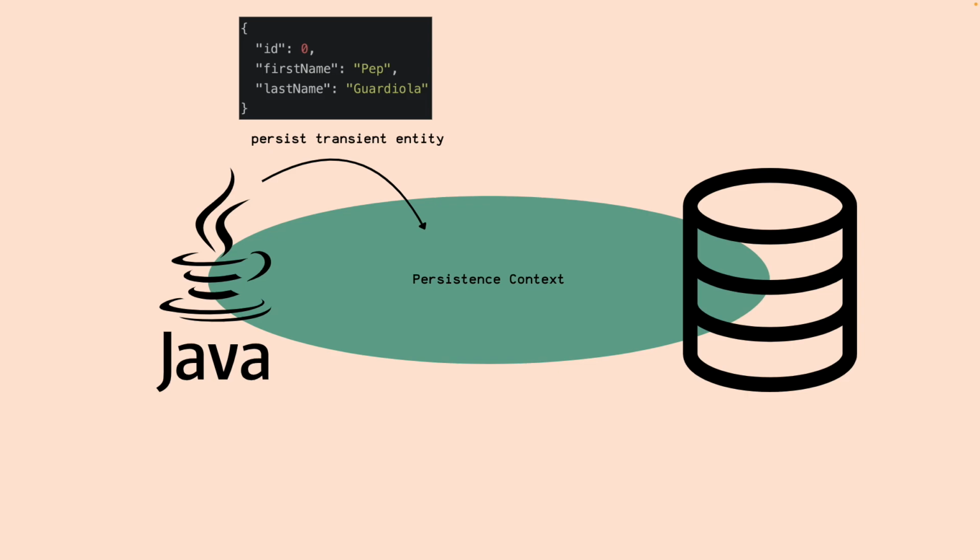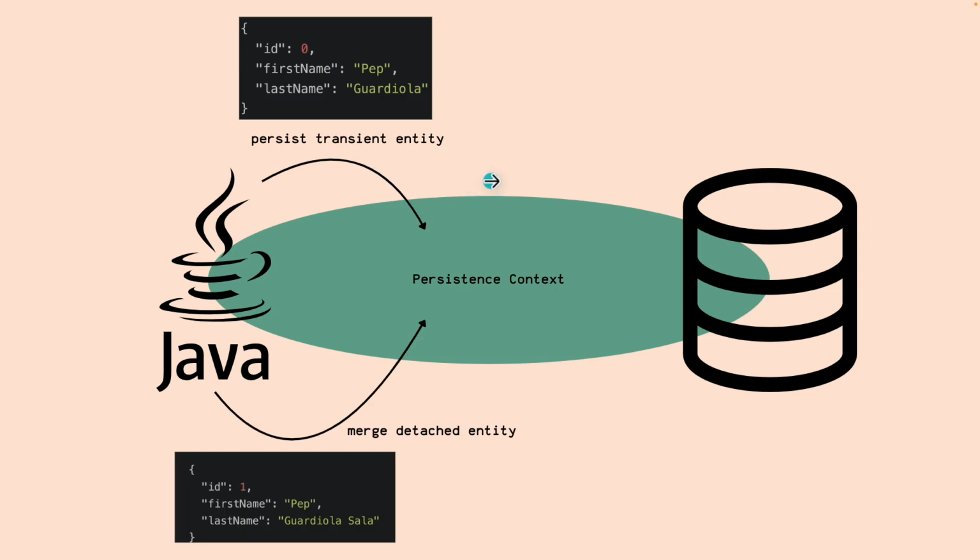Objects that are not known by the persistence context or by the persistence unit are called transient entities. So transient means not known, if we can say it like that. And to write a transient entity to the persistence context, we need to use the persist method.